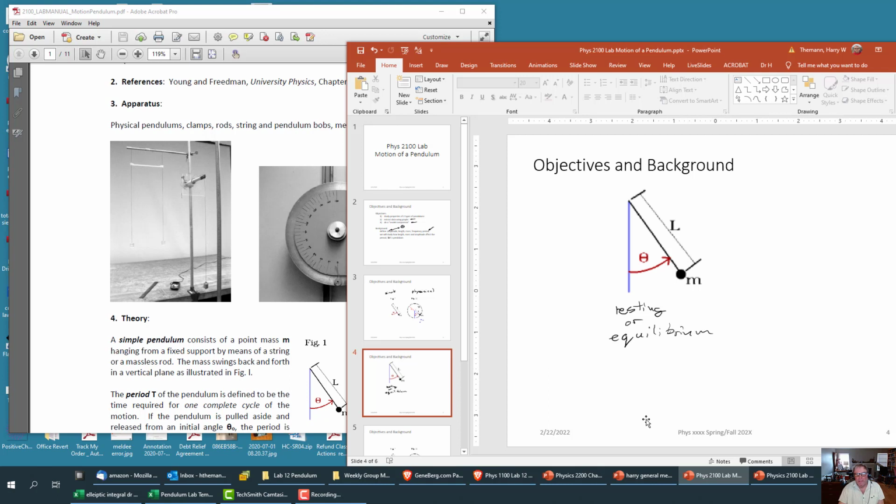Theta is characterized as the amplitude, with respect to the resting point. So we could have positive theta and negative theta. This is theta equals 0.